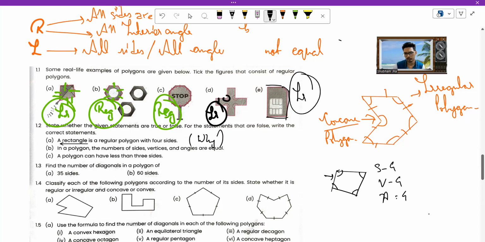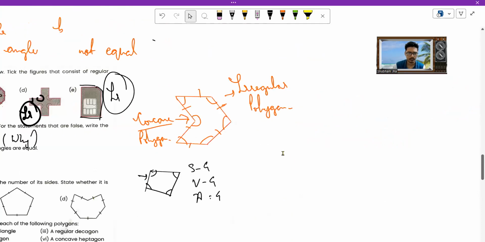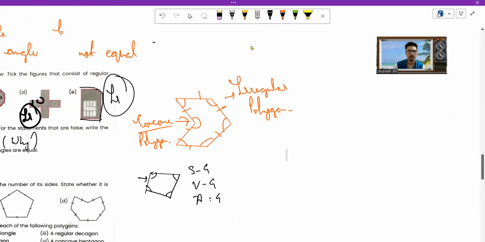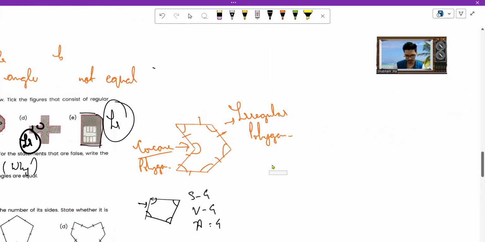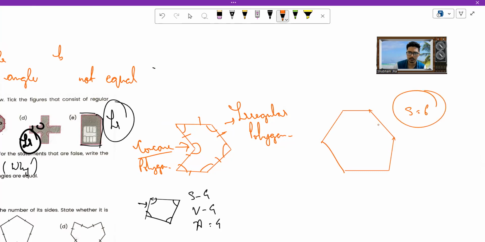If I were to draw another polygon, for example, a hexagon, now here you can see the number of sides is 6 because it is a hexagon.